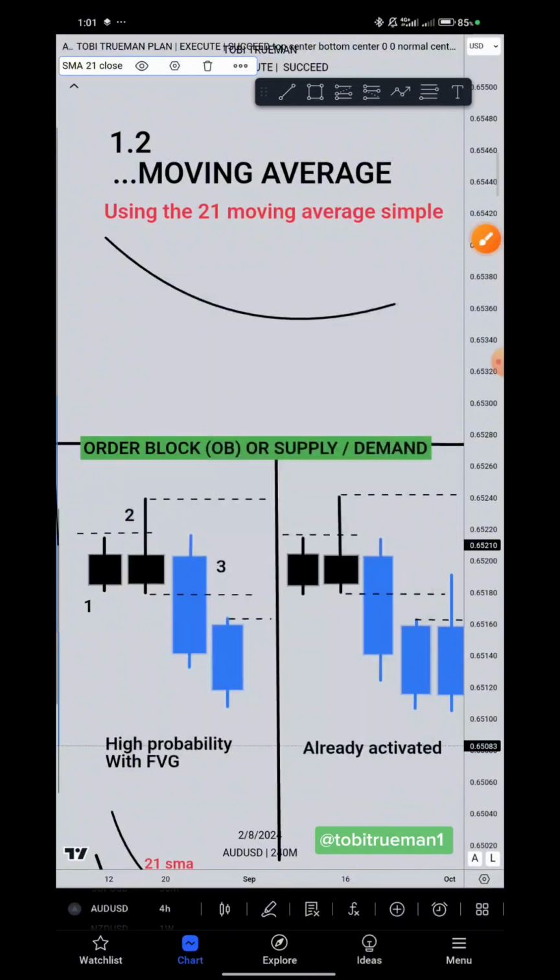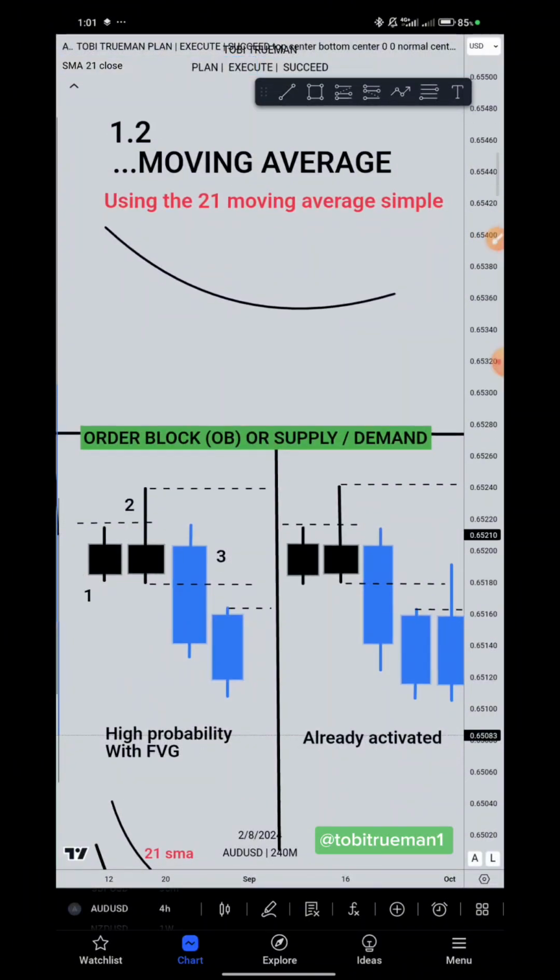So we want to understand how we have to use it. As a reminder, we are just focusing on three major candlesticks. Three major candlesticks, that is our major focus when we are making our entry models. And what are the three major candlesticks? The first one, we have body.